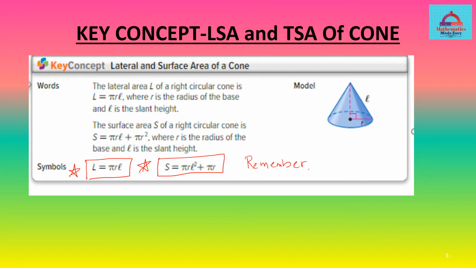So again, just to recap and revise this for you, the formula that will help you to find the lateral surface area is going to be pi r L, and the formula that will help you to find the total surface area is going to be the lateral surface area plus area of base, which is pi r L plus pi r square. Remember, your r is going to be the radius of the base or the radius of the circle, L is your slant height, and h is the height of the cone.